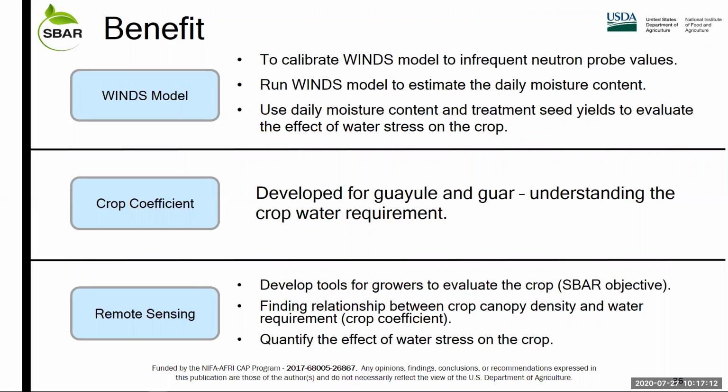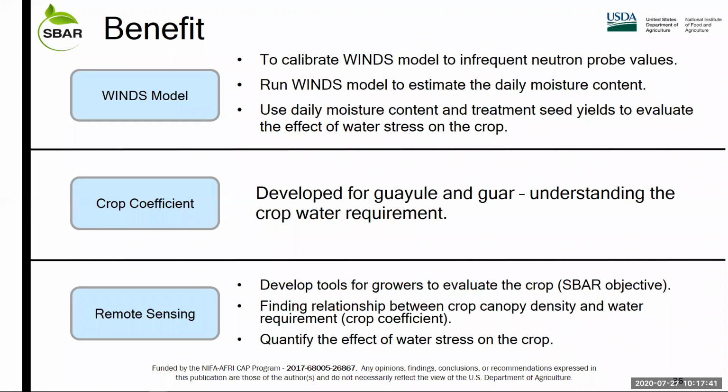Based on that daily moisture content, we will work on the effect of stress on the crop, for which one works and which stress works best on the crop. As we saw for guar, stressing at reproductive stage worked really well. Then for the crop coefficient part, we have developed Waiuli and guar crop coefficients, not updated.